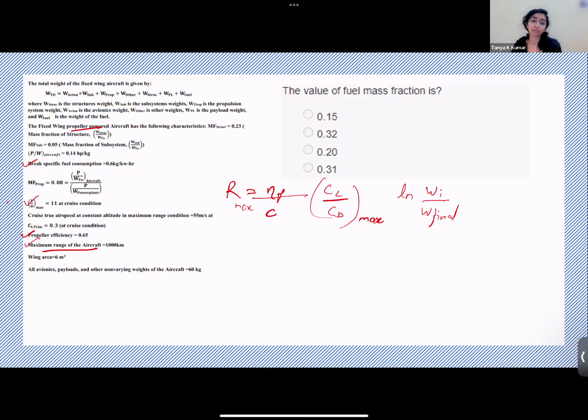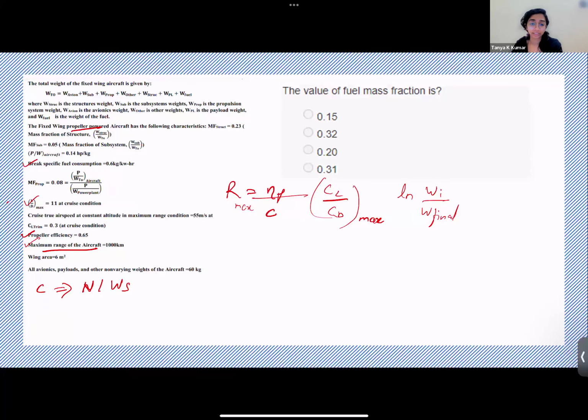Please check the value of the specific fuel consumption, what is given and what is needed. So C, what was the unit of C that sir had used? What is the traditional unit that we use in this equation? It should be Newton per watt second, right? So convert it to that unit and try doing this.